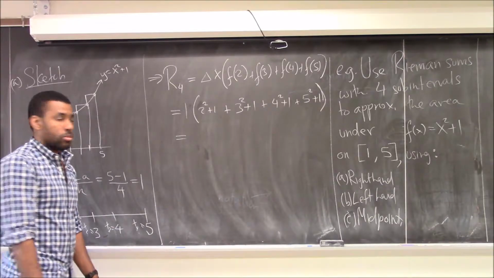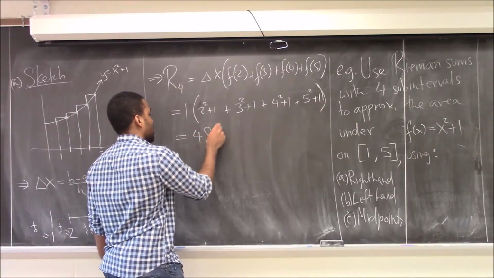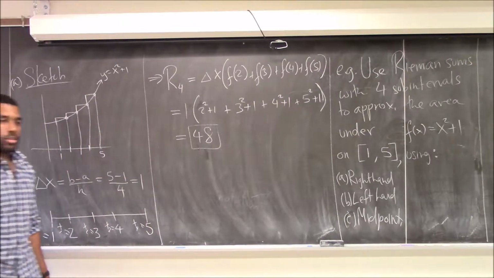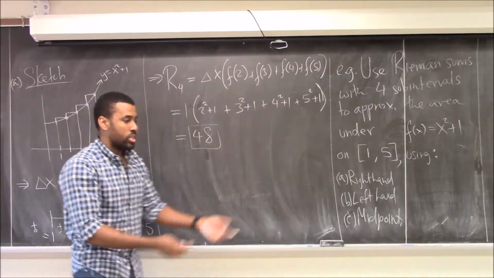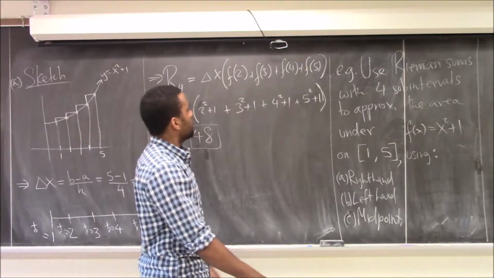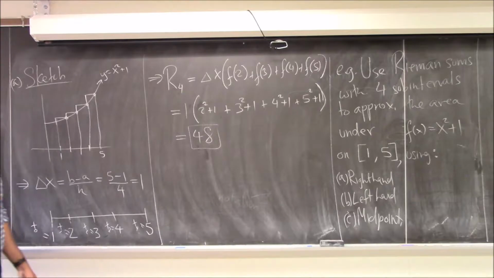It's what? 48. Okay. That is an approximation for the area. 48 units. Whatever units I'm measuring my axes in, it'll be that units squared. So I'm saying the area under this is 48 squared units.